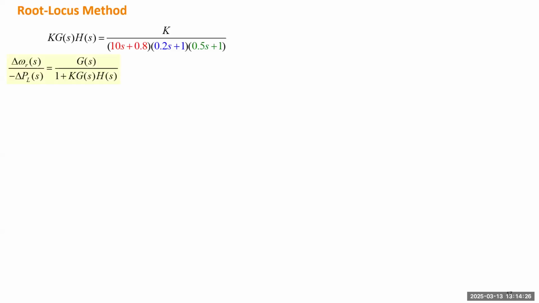When you write down the closed loop transfer function, it's defined to be the forward component from the input to the output, which is G(s), divided by 1 plus the open loop transfer function. Then you do some simplification, and you have this one.